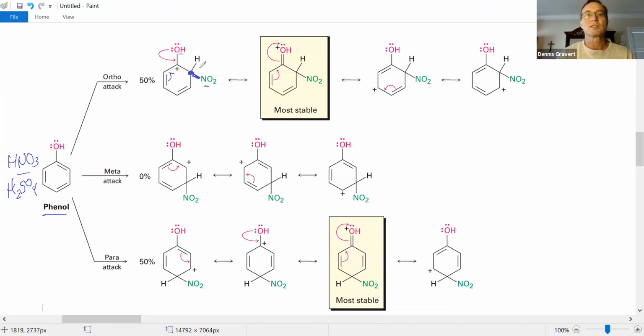And then we roll this pi bond over to here. We get plus charge over here. And then we move to get the third resonance structure, because we always expect 3. Move this pi bond over 1, shut the door, and we get the other structure. So you'll get the 1, 2, 3 resonance structures minimum that we get in electrophilic aromatic substitution reactions.